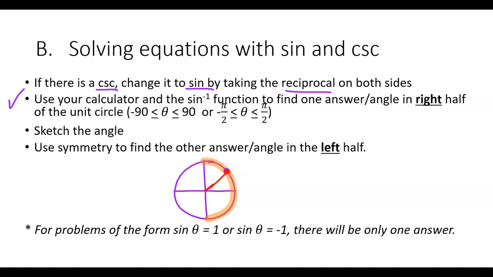We want to sketch that angle, which I've already done. And then we're going to use symmetry to find the other angle in the left half. So we're going to go directly across. This was our first answer. That's the calculator answer. Over here is the other answer, or the symmetrical answer.